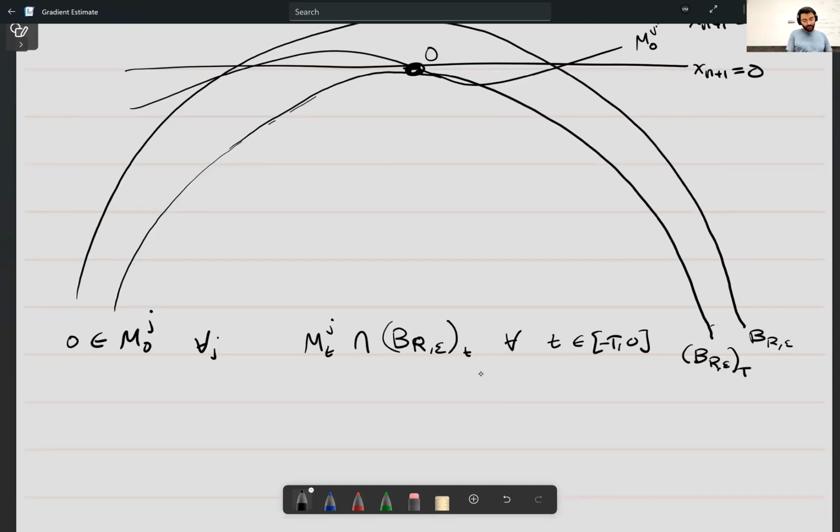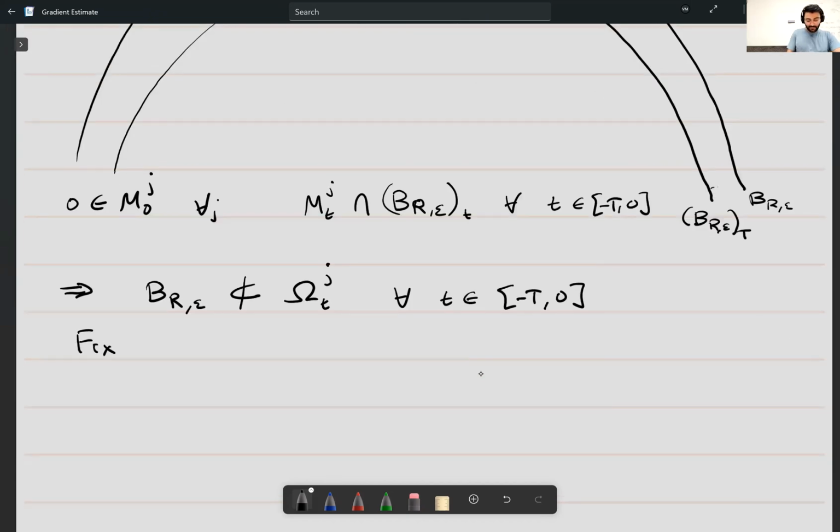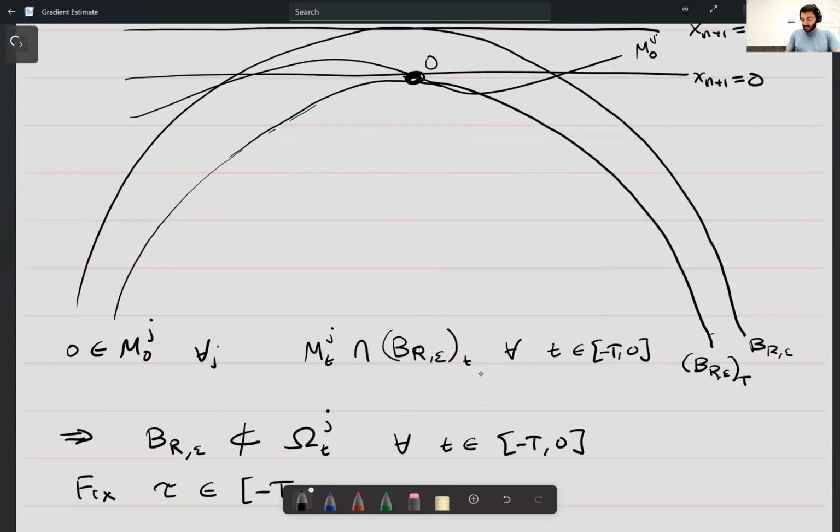Okay, so B epsilon is not contained inside omega tJ for any t in minus T comma 0. Okay, so now let's fix some tau in minus T. Actually, I should say that if you do a calculation, if you solve mean curvature flow in a ball, then this capital T is equal to epsilon squared plus 2 epsilon r divided by 2n.